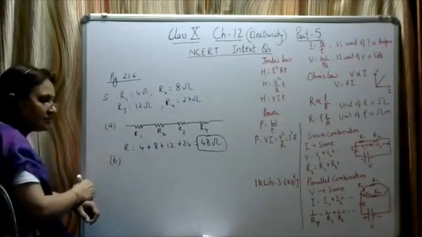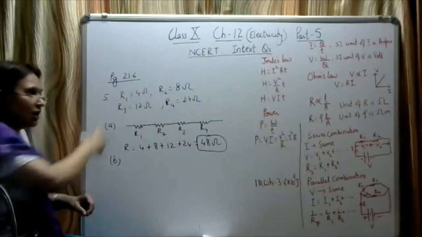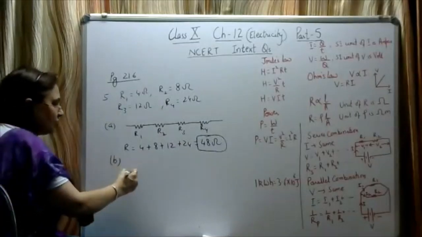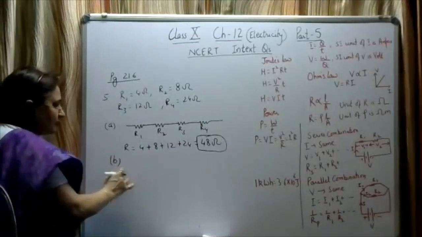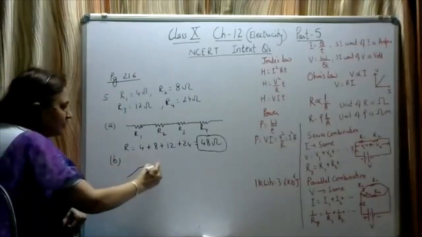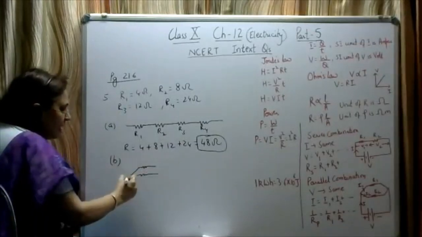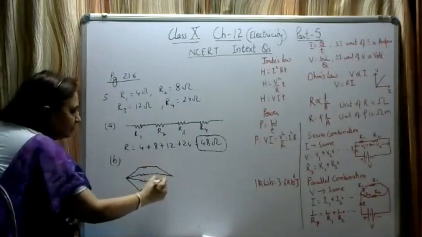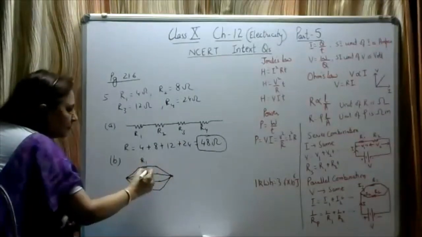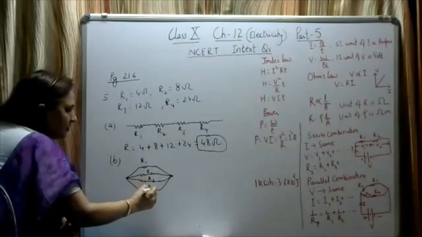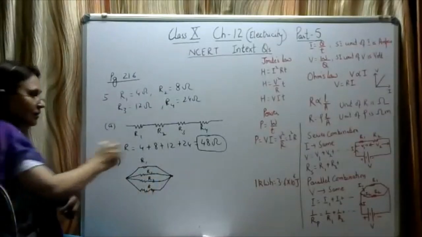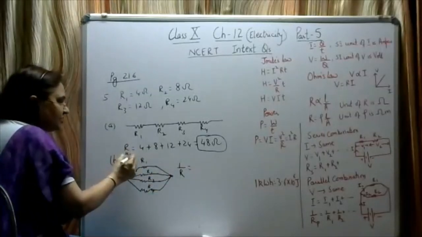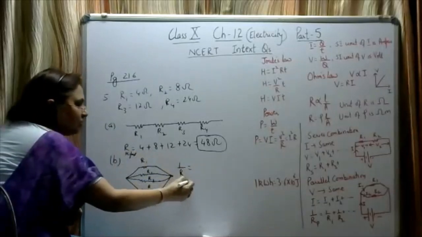Now in the B part, it is asked how can we get the lowest resistance out of these four resistances? We know that the lowest, when do we get it? When all four are connected in parallel. So R1, R2, R3 and R4, all four are connected in parallel. Also, you have to find out the lowest resistance. This one is the highest resistance, okay, this one is the lowest.